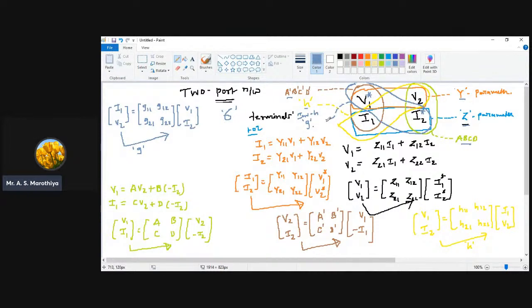We need to solve that network by applying the concept of KVL and KCL and try to find the values of V1, V2, I1, I2. Once you know the values of V1, V2, I1, I2, it is very easy to find any of the two-port network representations. To solve that numerical, we again need to apply KVL, KCL, mesh, supermesh, node, or any other network theorem. So this is the concept of two-port network.